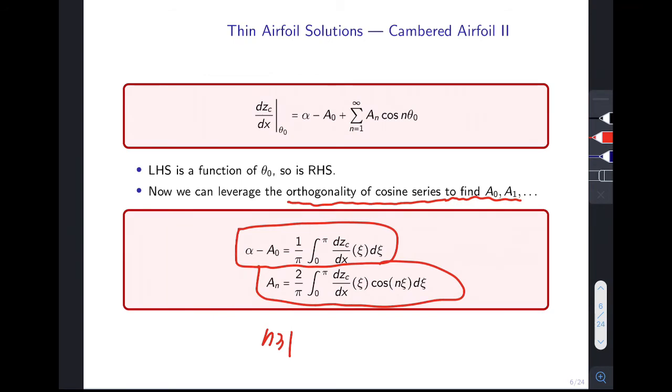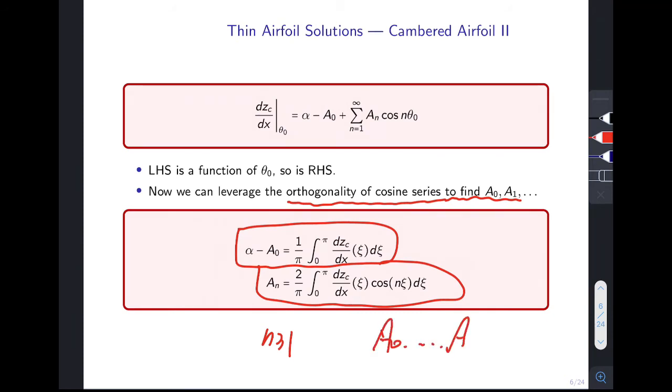The larger the n, the larger the frequency, which means it will oscillate really fast. So this equation tells you that you can just do a numerical integration to get the a0 to a n coefficients from the geometric profile of the camber line.